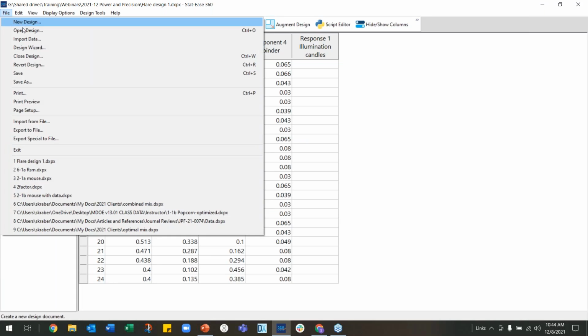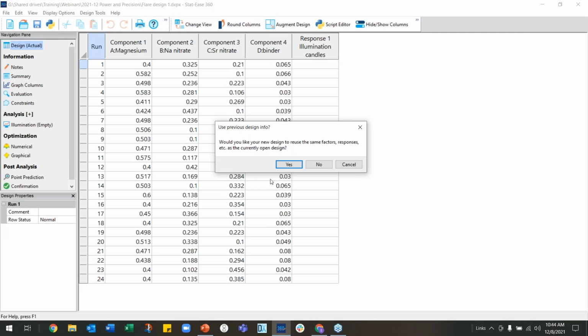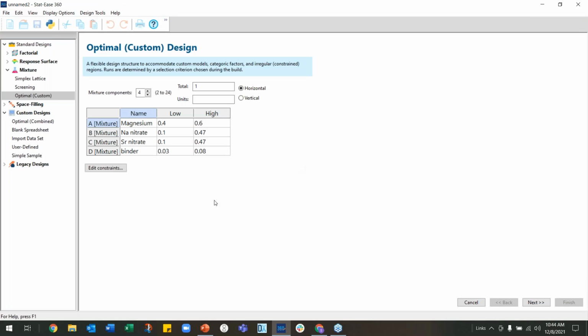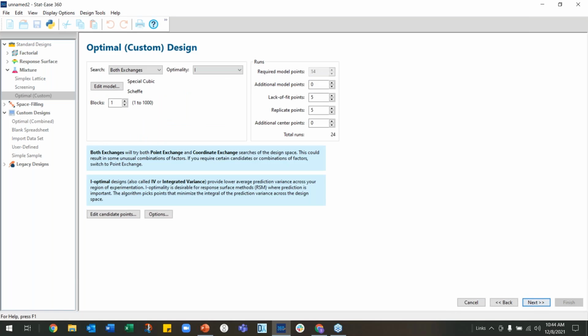Okay, I'm just going to go through that build process with you. All right, so this is a mixture optimal design, 4 components, total of 1. Here are your ranges for each of the components. And in the optimal page, we made sure to change the model to a special cubic.